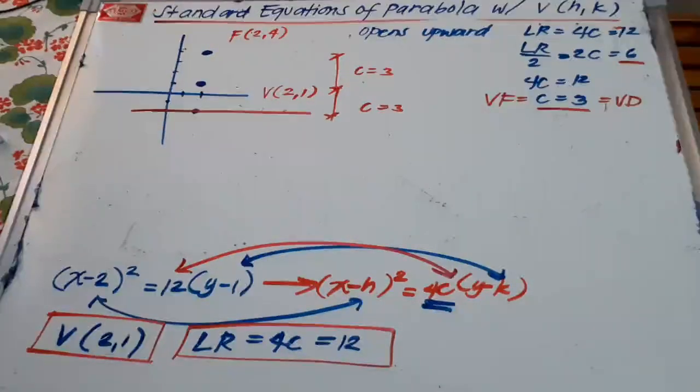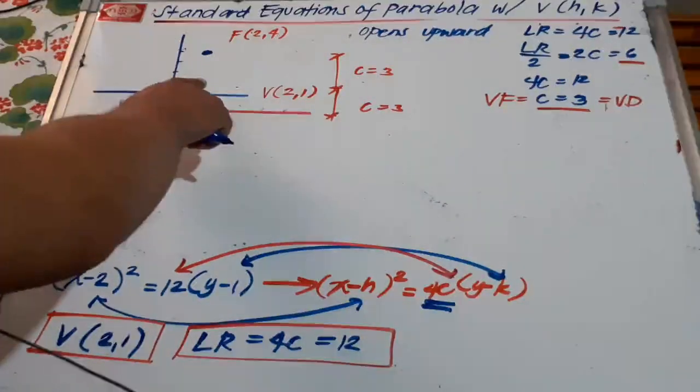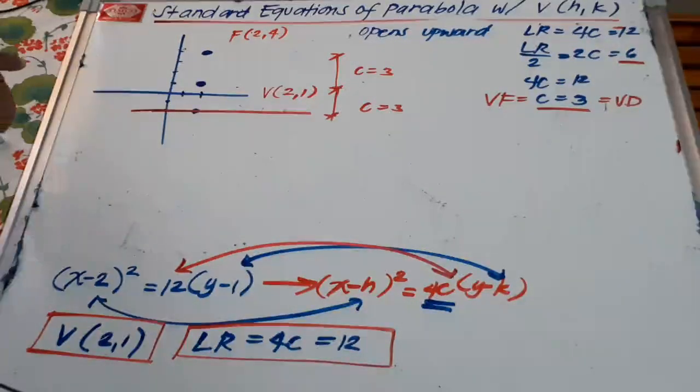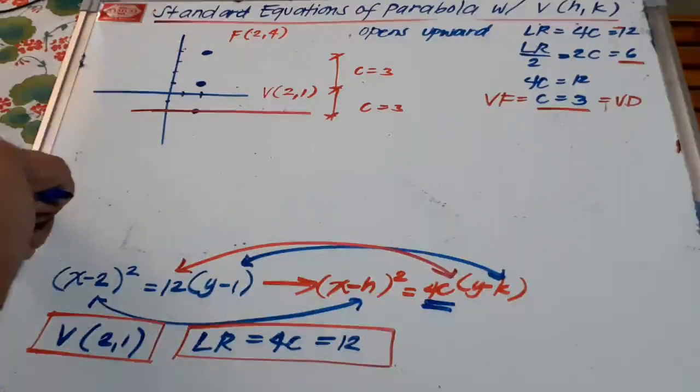So, also, the length of the latus rectum is 12 units. Okay? So, yung kalahati niya, 6 units. So, ang latus rectum dadaan sa focus. Okay? So, starting from the focus, we're going to count 6 units to the right and 6 units to the left to determine the endpoints of the latus rectum.